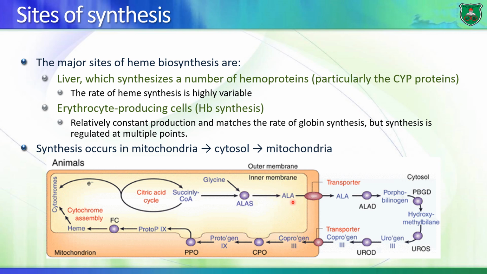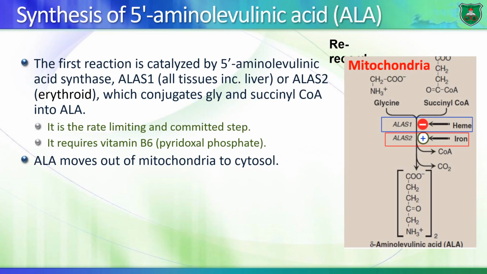This ALA is then transported out of the mitochondria, it gets converted into several intermediates, and then one of them gets back into the mitochondria, and eventually it gets converted to heme. So let's talk about certain reactions in a little more detail.